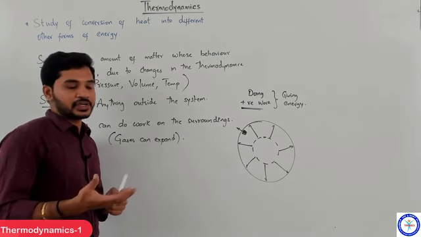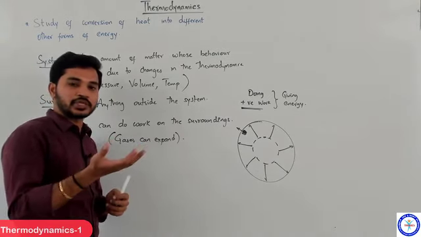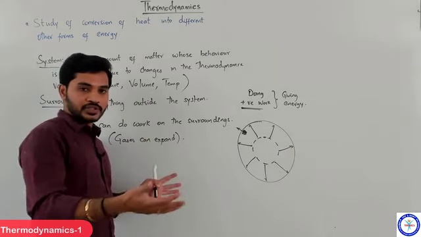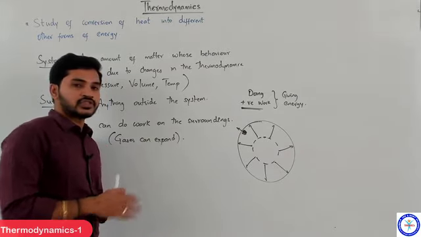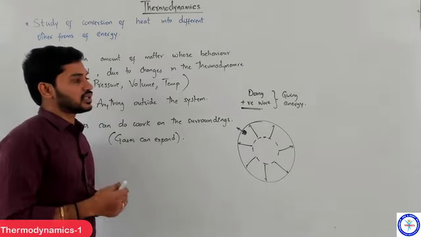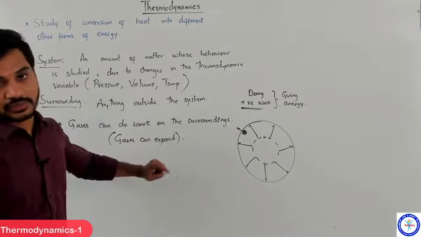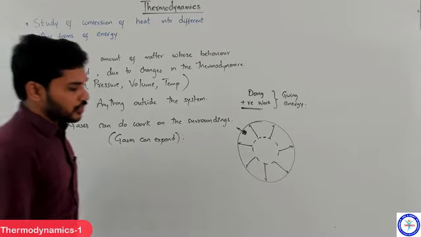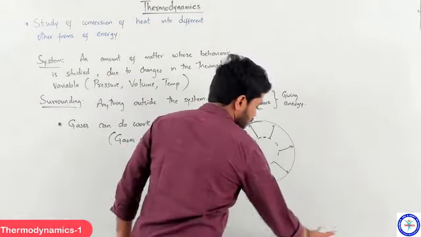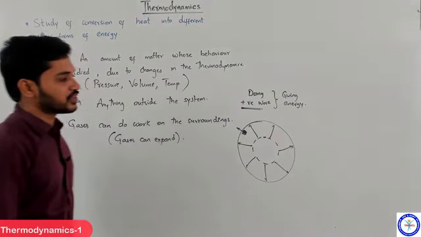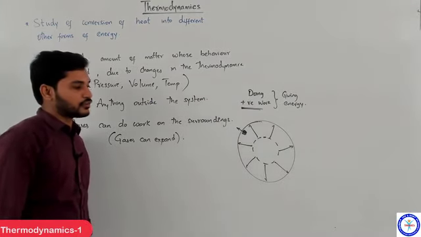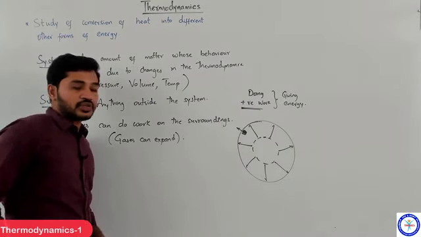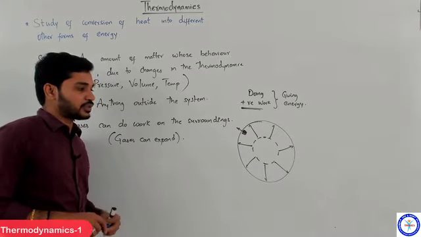Will it utilize the energy to increase its own temperature, or will it do work on the surroundings? Clear? So these are all the concepts that we'll be studying in thermodynamics. Before we start off, there are a few terms that you'll have to know, which we'll be using in this particular chapter, right?